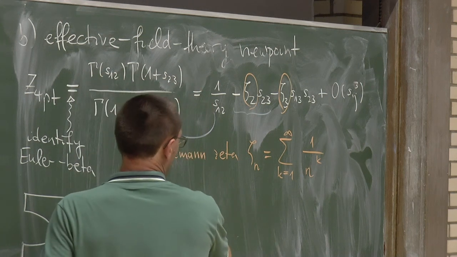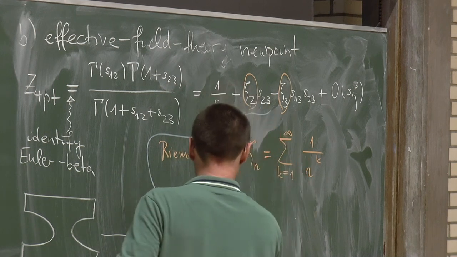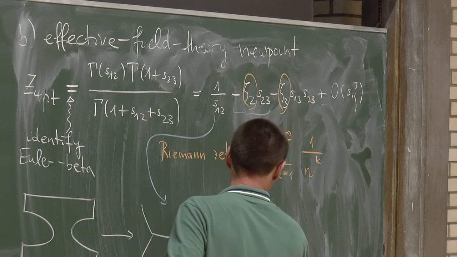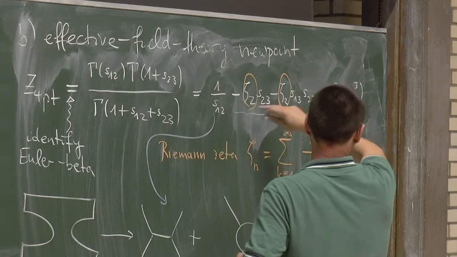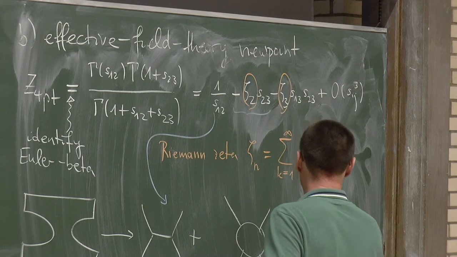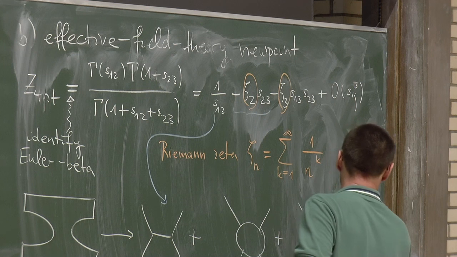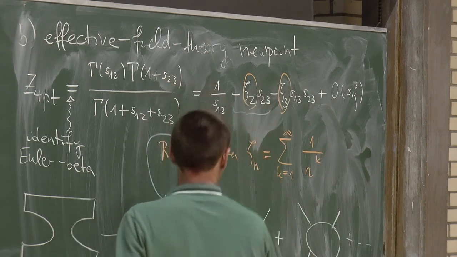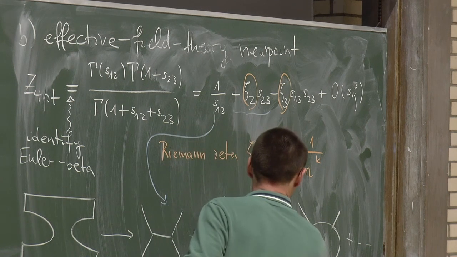So we draw this internal line because there's a pole. But looking at that term, the pole is gone. So this is something like a contact interaction. This is just a quasi-vertex. And there will be no further pole, no matter how high you go. So what you get is an infinite series in 4-point contact vertices. And for sure, these vertices are decorated with alpha prime to some power and the zeta value.